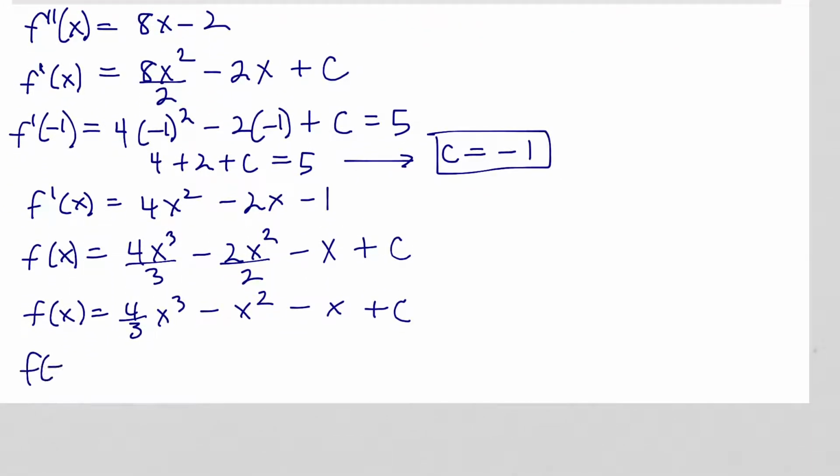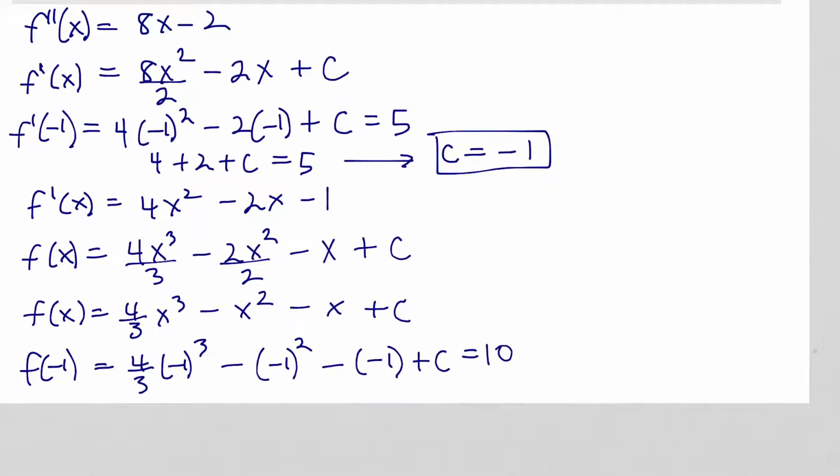F of negative 1, so that's 4/3 times negative 1 cubed minus negative 1 squared minus negative 1 plus c, and that is equal to 10. So that's negative 4/3, negative 1, plus 1, plus c is equal to 10.